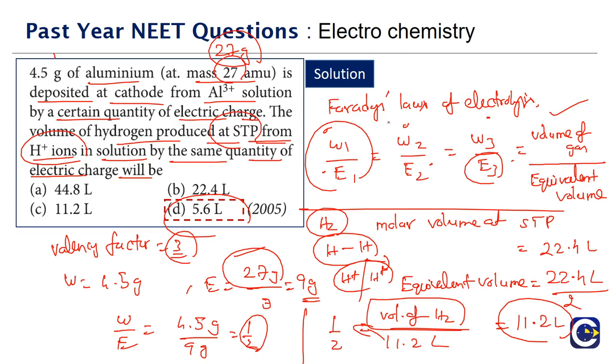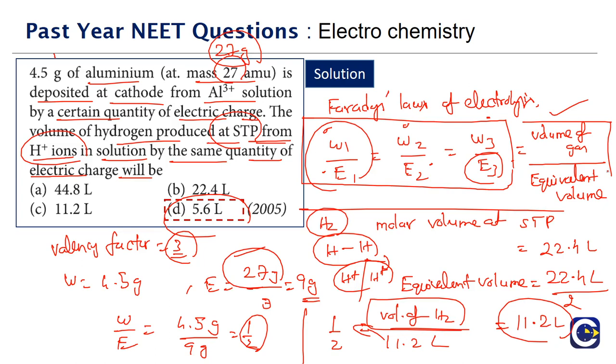Sometimes we'll just get questions relating the weights alone. They will ask, in one container we have aluminum, in another container we have sodium, what is the mass of sodium deposited, or in another container there is copper, what is the mass of copper deposited, like that. In fact, this model of question has already come in a couple of other papers also. The only thing is, in case of mass measurement, we say weight by equivalent weight.